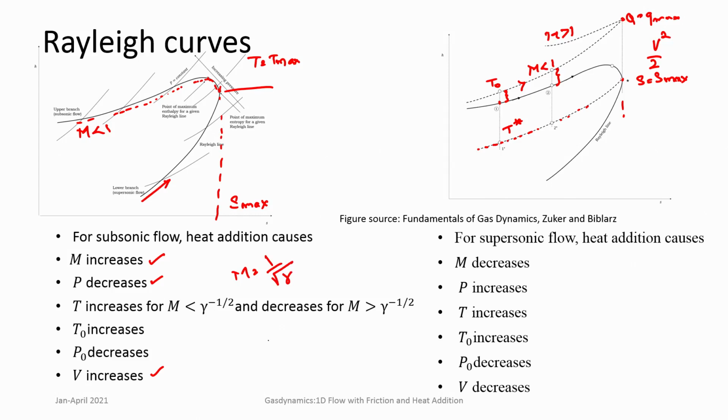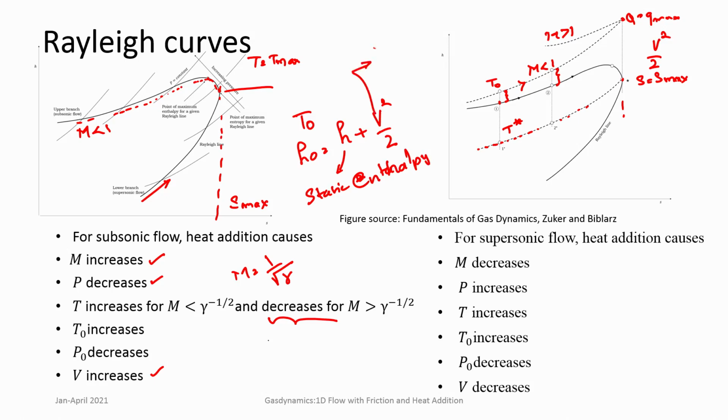the temperature decreases. Why is this happening? Why should temperature increase up to a point and then decrease? This is because addition of heat affects total enthalpy, which is T naught or H naught. H naught is a combination of h plus V square by 2. This is the static enthalpy, and V square by 2 is the kinetic energy.